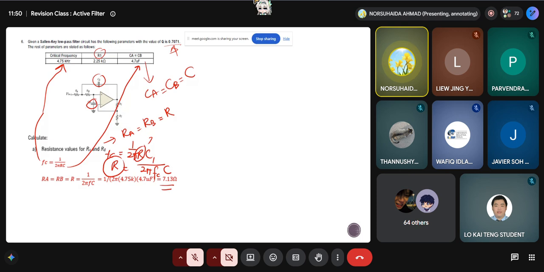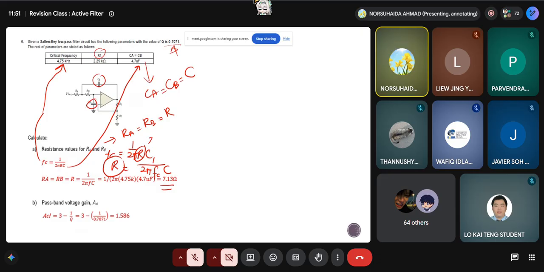Just reshuffle the equation, then substitute the given values, so that we get the desired parameters. For this case, we got R equal to 7.13 ohms. Next we move to the gain, ACL. What is ACL?